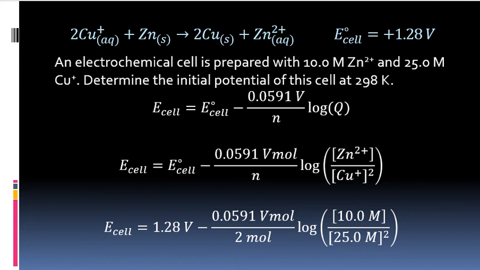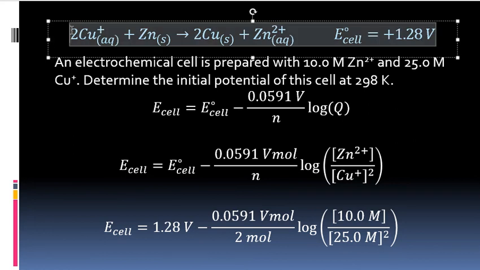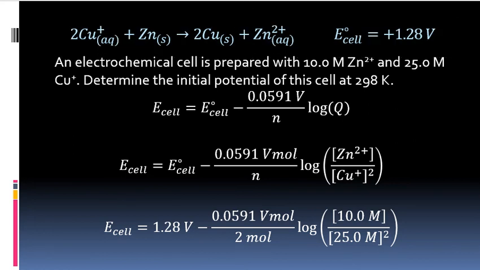Determine the initial potential of the cell at 298 Kelvin. Well, for our reaction, our total reaction involves copper 1 plus, which is aqueous, solid zinc, and then forming solid copper, and then zinc 2 plus, which is also aqueous.